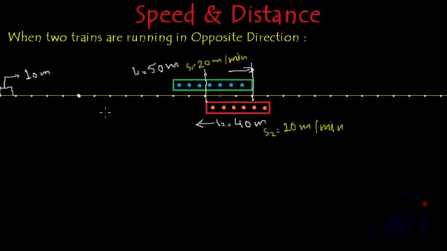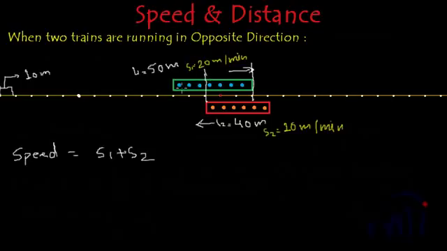Yes. So in 1 minute, the green train has covered 30 meters of the red train and the red train has covered 30 meters of the green train, right? So what is happening? Here the speed at which they are crossing each other is actually the sum of the speeds S1 plus S2.